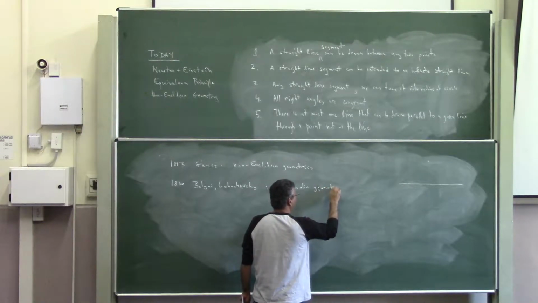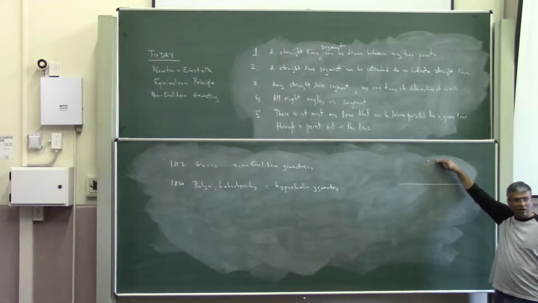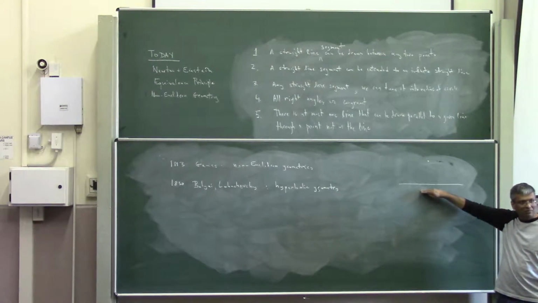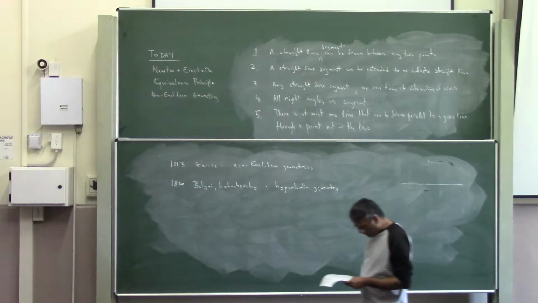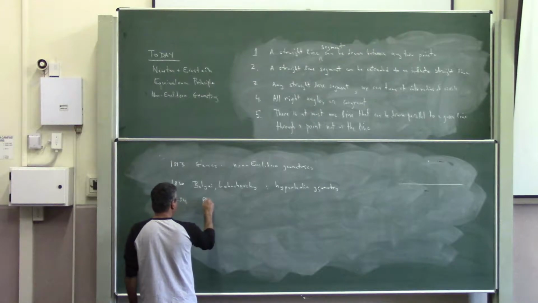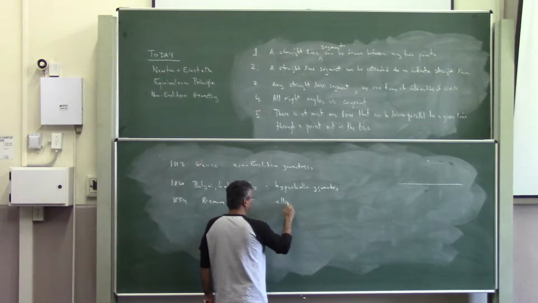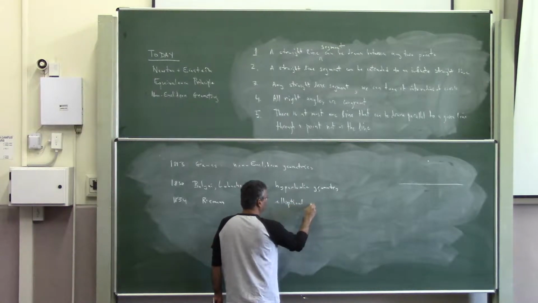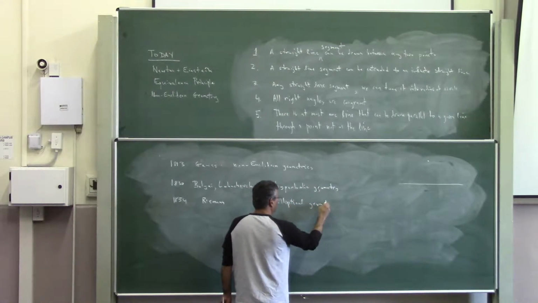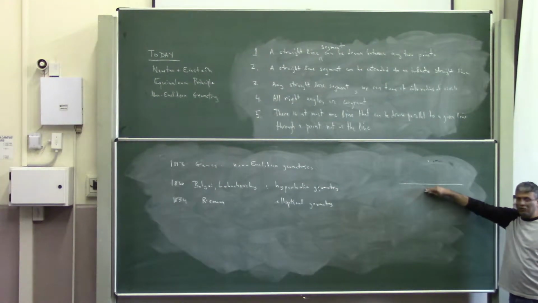In hyperbolic geometry, there are an infinite number of lines through this point parallel to this given line. In 1854, Riemann looked at elliptical geometry, in which every line through this point intersects this line.